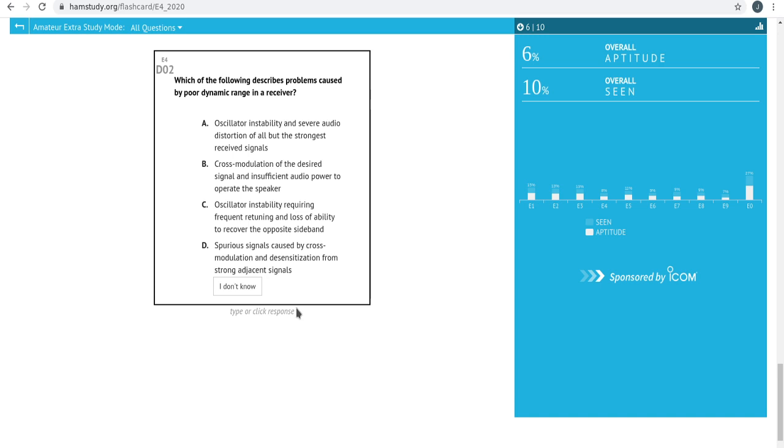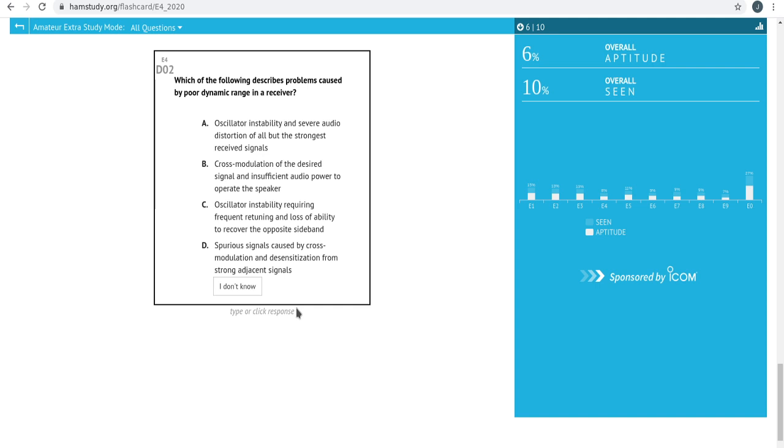Which of the following describes problems caused by poor dynamic range in a receiver? A, oscillator instability and severe audio distortion of all but the strongest received signals. B, cross modulation of the desired signal and insufficient audio power to operate the speaker. C, oscillator instability requiring frequent retuning and loss of ability to recover the opposite sideband.